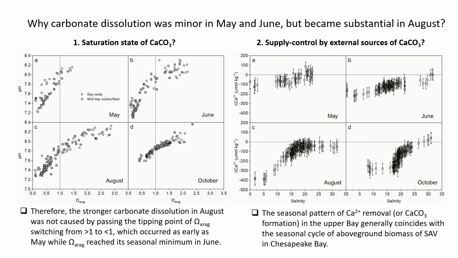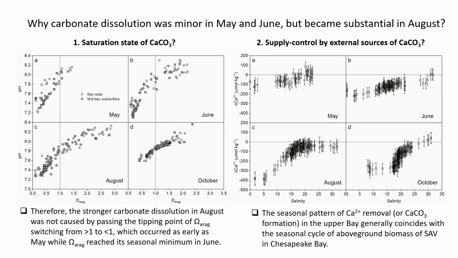The seasonal pattern of calcium ion removal, or calcium carbonate formation, in the upper bay generally coincides with the seasonal cycle of above-ground biomass of SAV in Chesapeake Bay, which begins to increase in late spring, reaches a growth peak in the late summer, and declines in the fall, making SAV-driven calcium carbonate formation a strong candidate process for calcium carbonate sources in Chesapeake Bay.